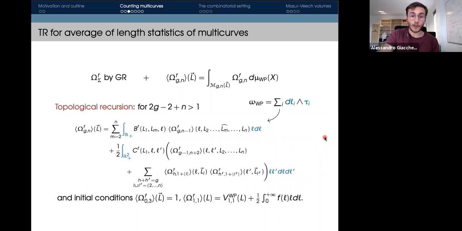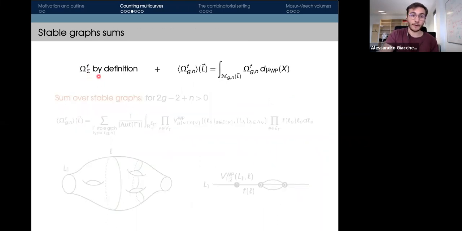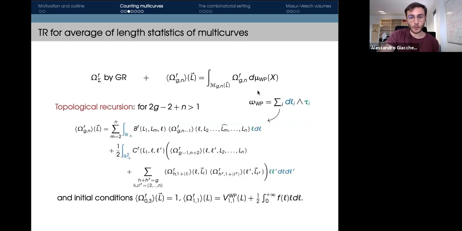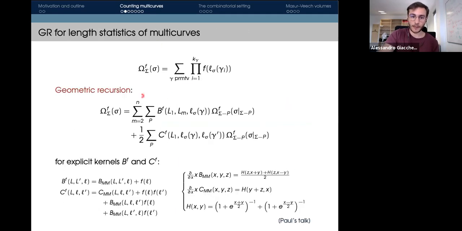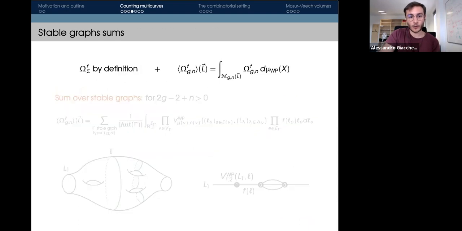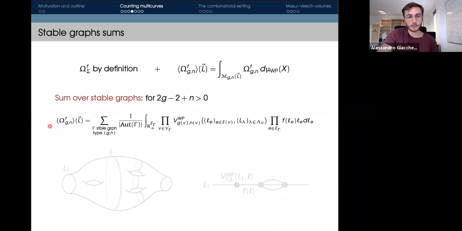Another thing you can do is actually take omega_f and take its definition and integrate it. So here, basically, you can either integrate this relation, or you can integrate directly the definition of omega. And if you do so, you get that the average of omega over the moduli space is given by a sum over stable graphs of this type.